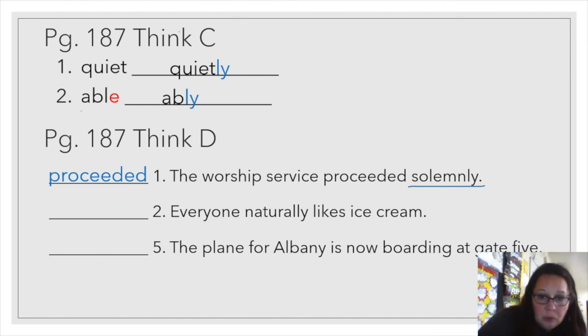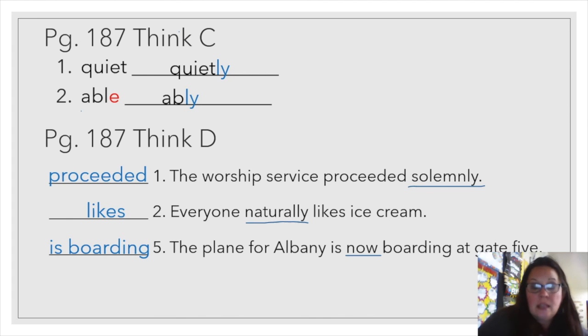And in number 2, we look for the adverb, which in this case is naturally. And what is naturally describing? Likes. And in number 5, we're skipping all the way down to number 5, we are looking at the adverb now, describing when. When is he doing what? He's boarding, is boarding. So don't forget the helping verb there, is boarding.